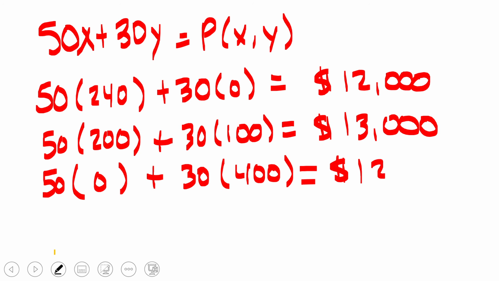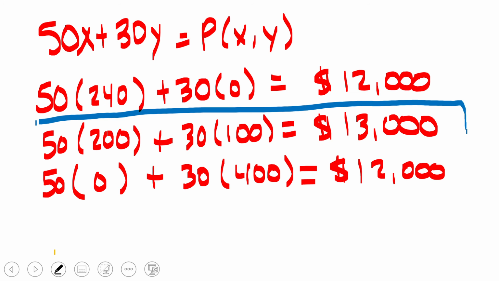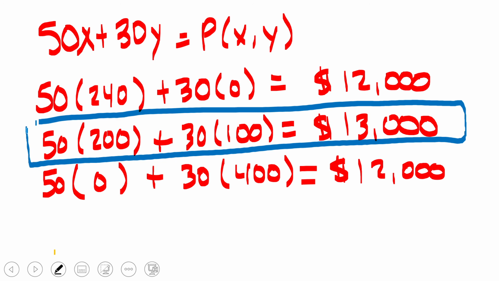That is also 12,000. And we find from our intersection point, making 200 softball gloves and 100 baseball gloves with the materials and man-hour available, we have $13,000 profit.